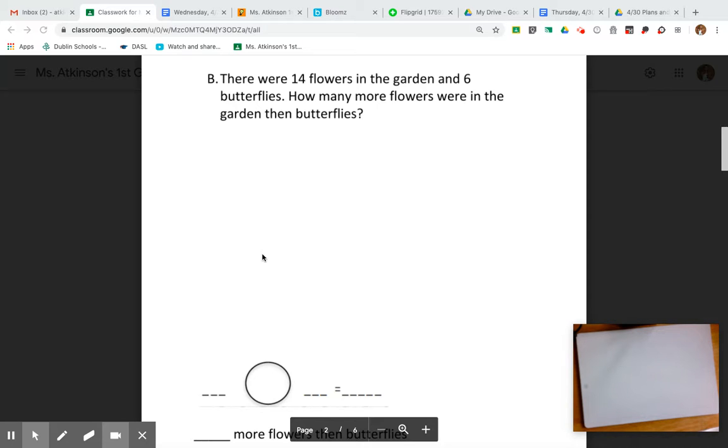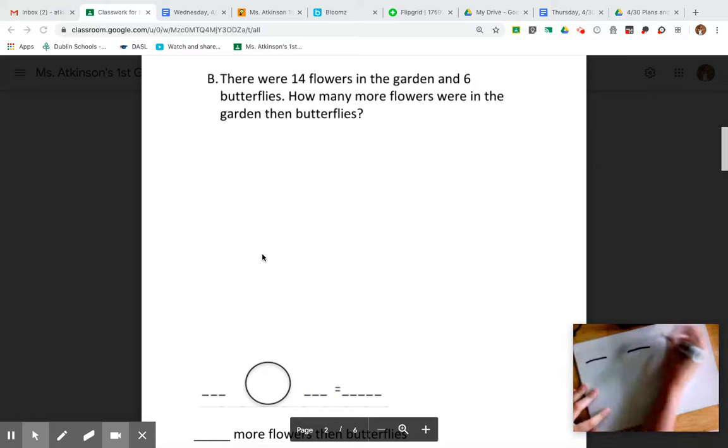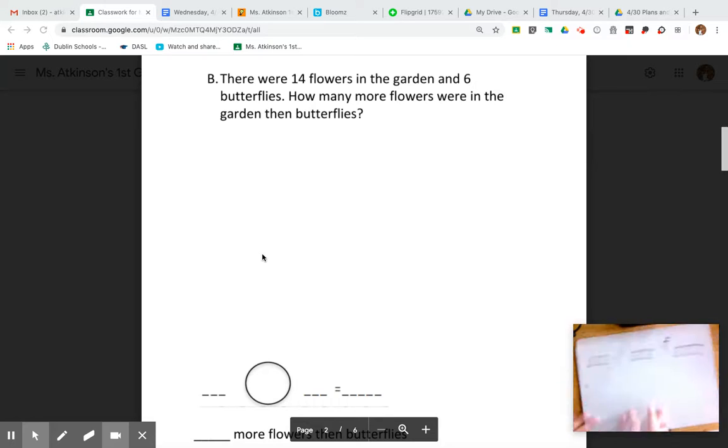So we are starting with 14. Oh, wait. Let's start over, Miss Atkinson. You're getting ahead of yourself. Let's go ahead and write our math problem. And we want to know how many more. So how many more is a great clue to Miss Atkinson that we are going to be subtracting.